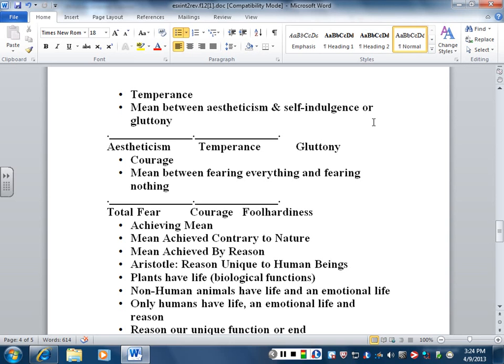And so Aristotle says, as reasoning beings, we use our reason to develop these moral characteristics by avoiding the extreme, essentially.